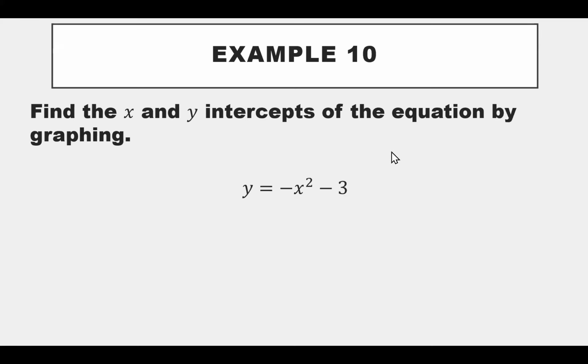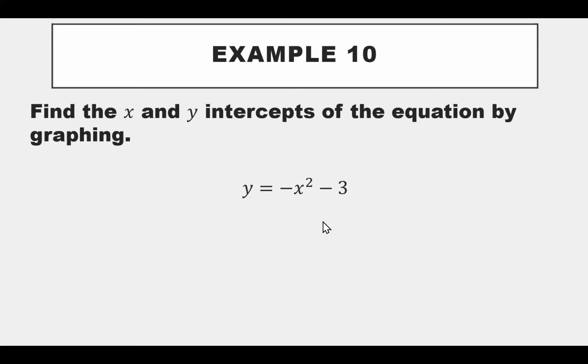Let's do one more, finding the x and y-intercepts of the equation by graphing. Here we have y equals negative x squared minus 3. We could plot points and graph this and see what's going on. We could use some other methods, but for this, I'm just going to graph this in Desmos.